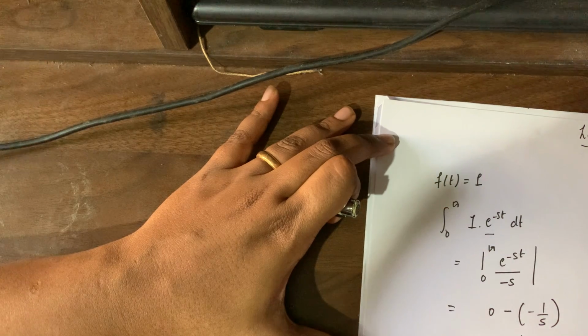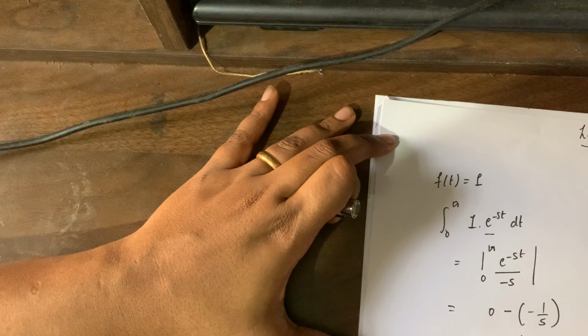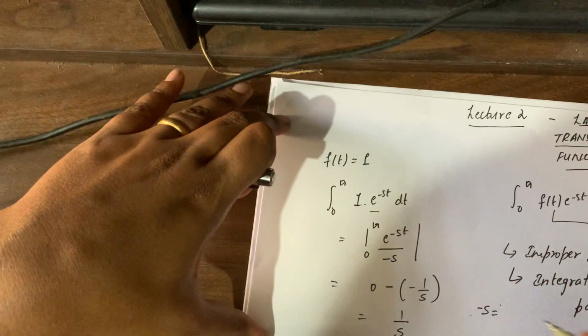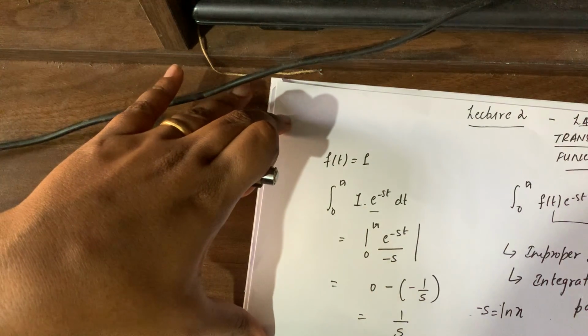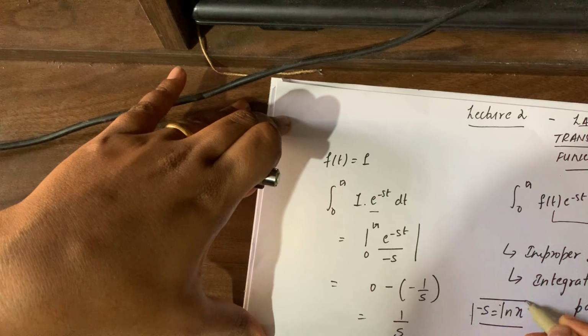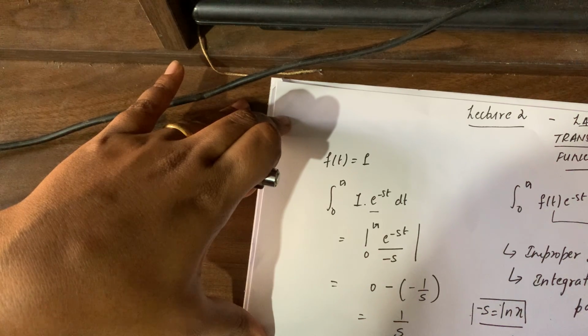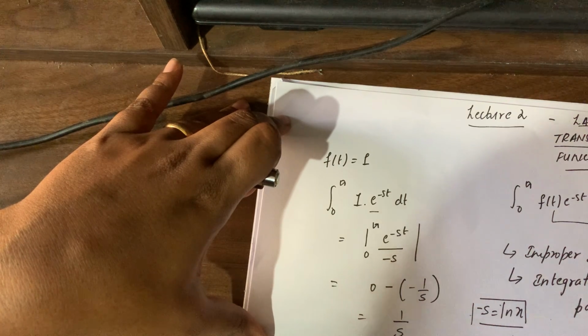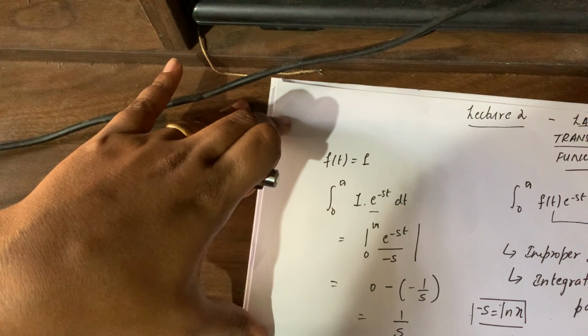So there is a condition here. If you remember in my previous lecture, minus s is equal to ln of x, correct? We have assumed that ln of x is less than 0. That means s should be greater than 0. That means the real part of s also should be greater than 0.